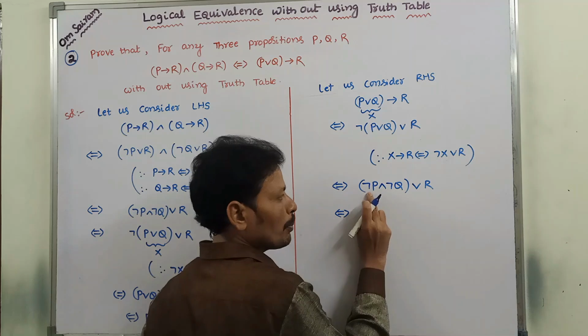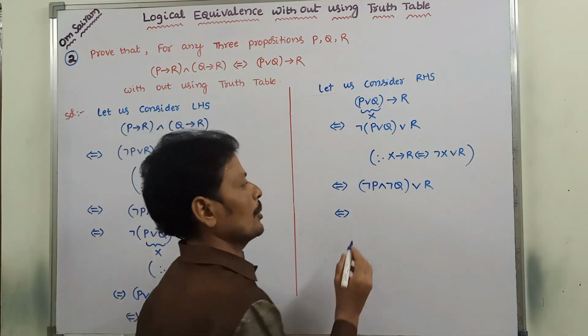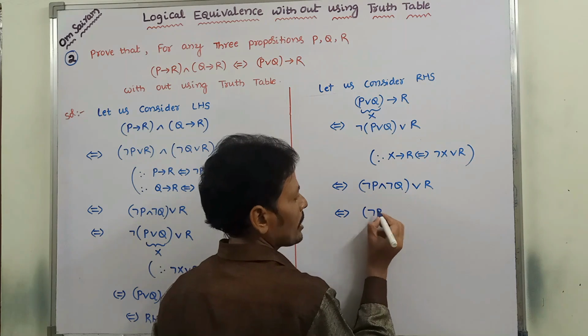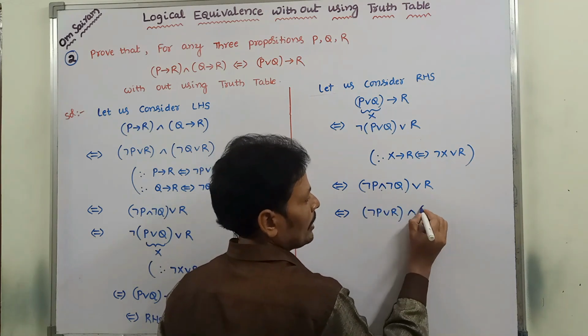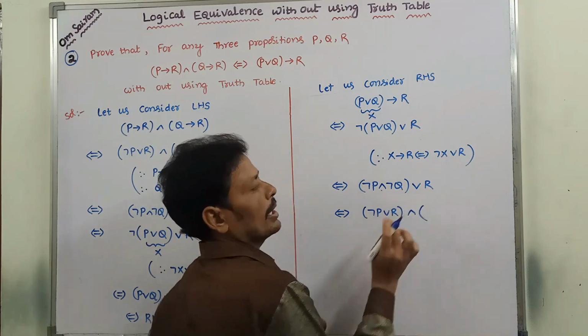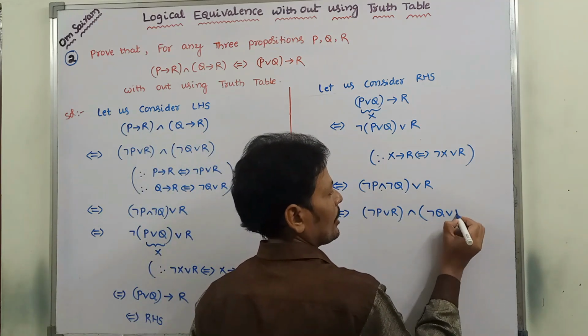Negation P is multiplied with R, so we are getting negation P R. This and is the same. Negation Q is multiplied with R, we are getting negation Q R.